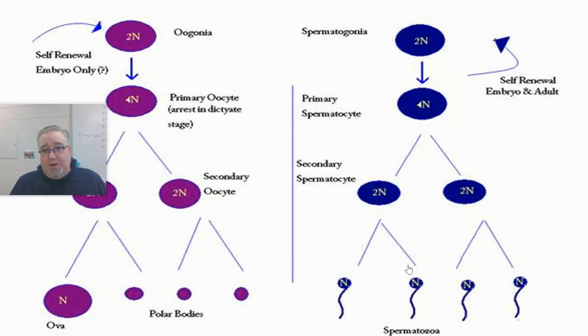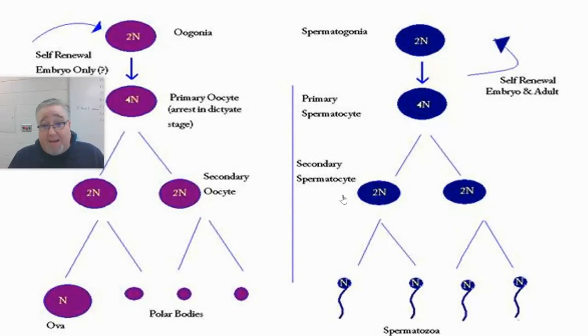So again, take a look at the picture. You've got a diploid cell, and then all the DNA replicates, so it goes to four ends, just like we did before. And then we have our first cell division, meiosis one. So you end up with these two diploid cells. Now these are called secondary spermatocytes.